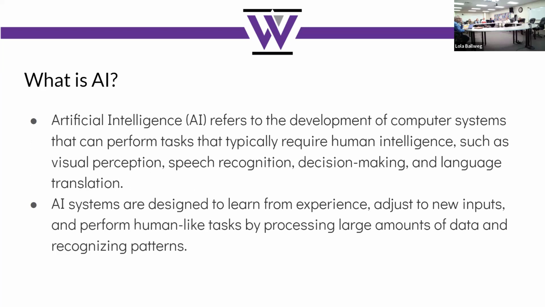It says artificial intelligence refers to the development of computer systems that perform tasks that typically require human intelligence to carry out, such as visual perception, speech recognition, language translation, which really is kind of the foundation of how AI all started. Systems learn from experience, and the more data that they process, the more they learn through algorithms.